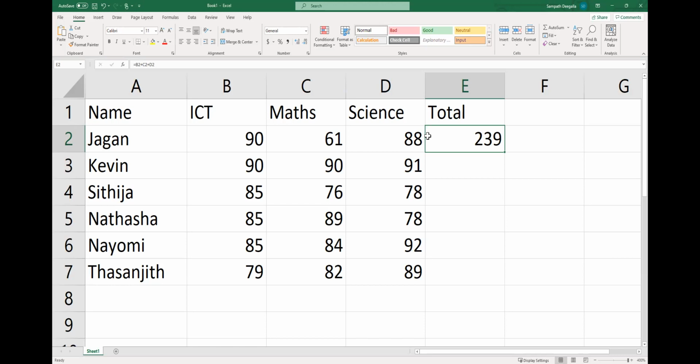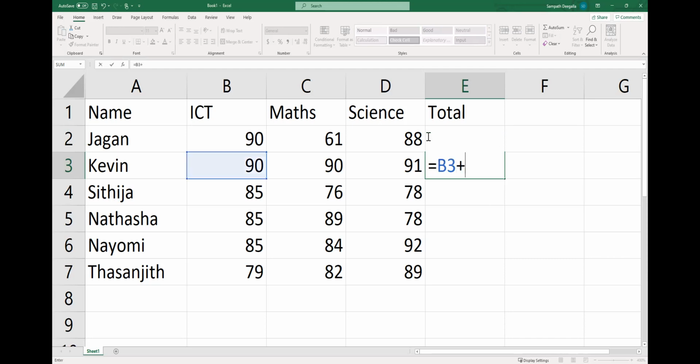Remember that when you're sending it, the equal sign is very important. In the exam also, if you miss the equal sign, you will get 0 marks. So we can say equal sign, ICT marks for Kevin is in B3 plus, then maths in C3 plus science in D3.